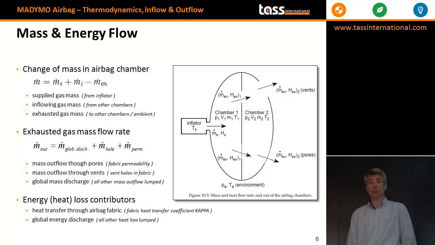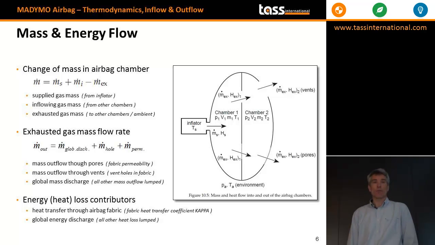If there are no special precautions taken, it's also possible, in case the pressure in airbag chamber 1 is lower than airbag chamber 2, that the flow will be the other way around. In this case, only the second chamber has outflow to ambient. Obviously, it's also possible to define holes and permeability for the airbag chamber 1.